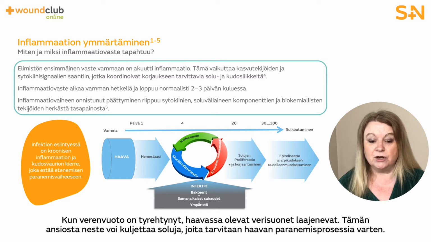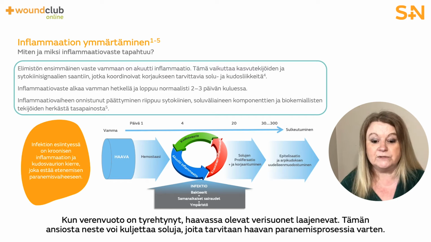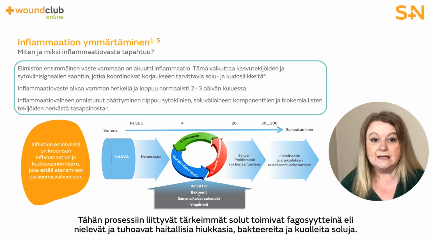Once the bleeding has stopped, the blood vessels within the wound dilate. This allows fluid to carry the cells that are needed for the wound healing process. The main cells involved in the process perform phagocytosis, which means that these cells can ingest and destroy harmful particles, bacteria, and dead cells.